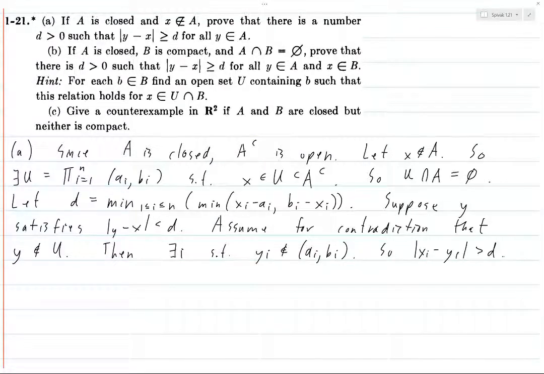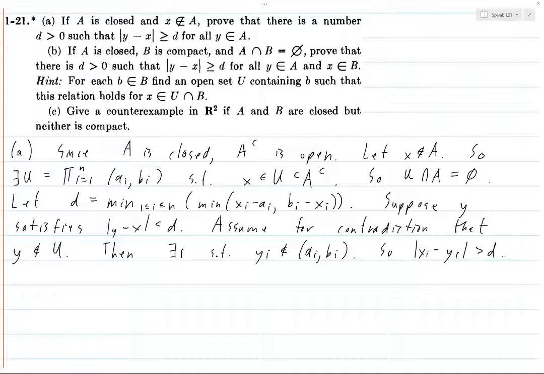The distance between yi and xi is going to be greater than both the distance between xi and ai and the distance between xi and bi. But both of these are values which are greater than d, because d is the minimum over a set of things, including those two distances. And so this norm is greater than d.